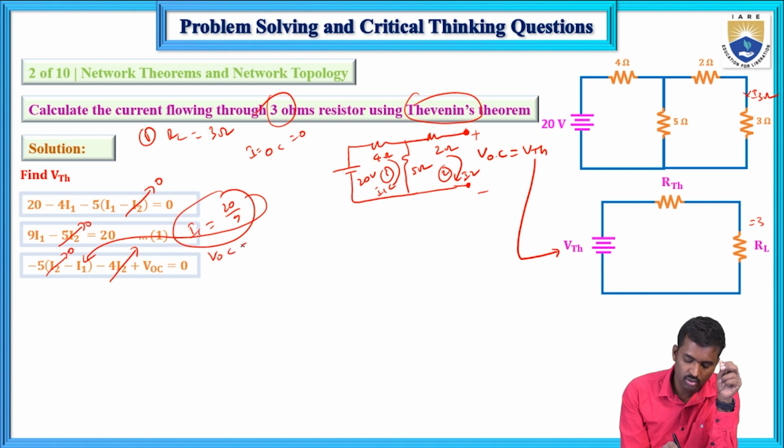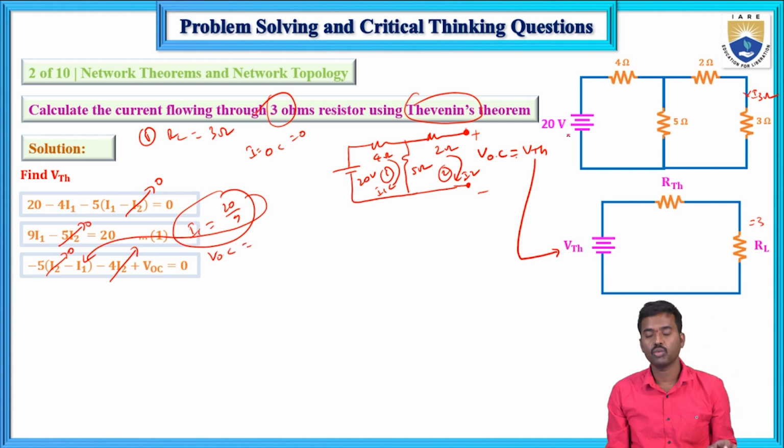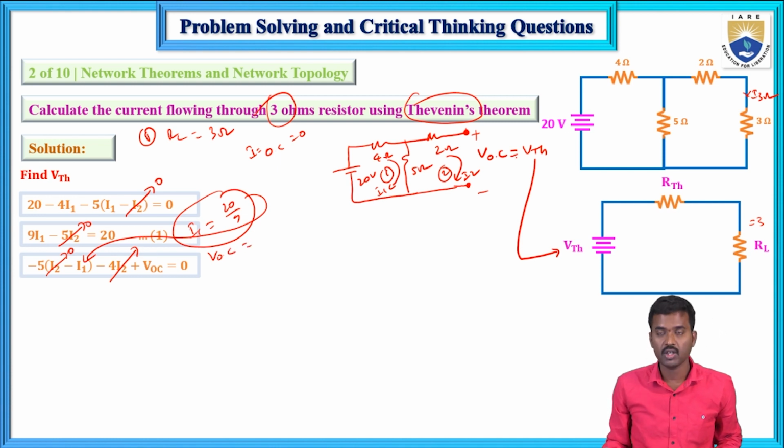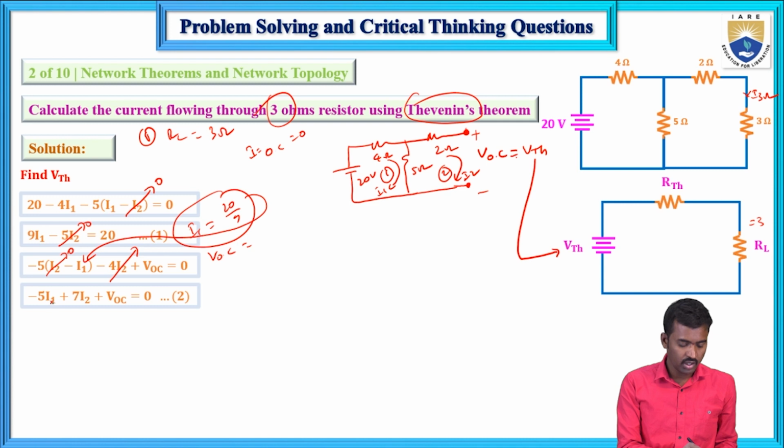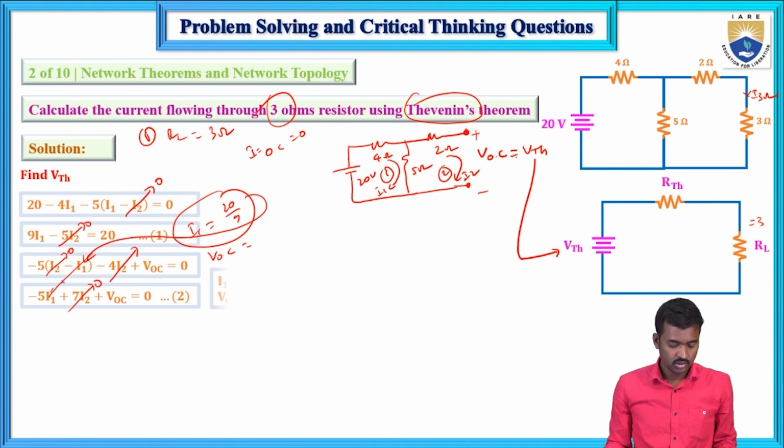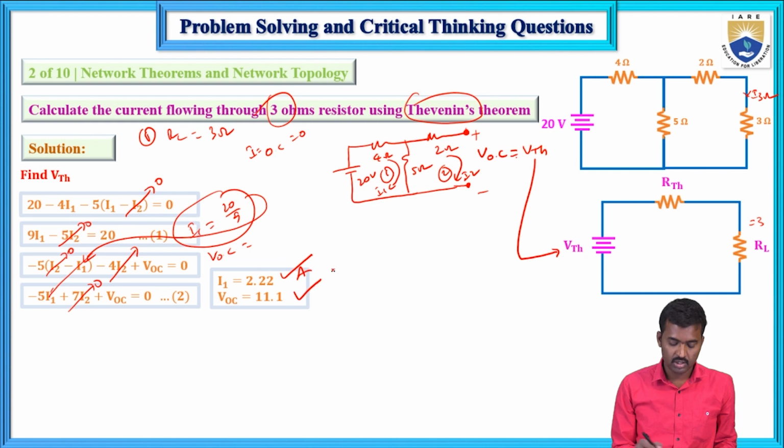This VOC is known as the open circuit voltage. That open circuit voltage is known as Thevenin's voltage, and we substitute it in the single equivalent circuit. Substituting, I1 is 20 by 9, that is 2.22 amperes, and VOC is 11.11 volts.